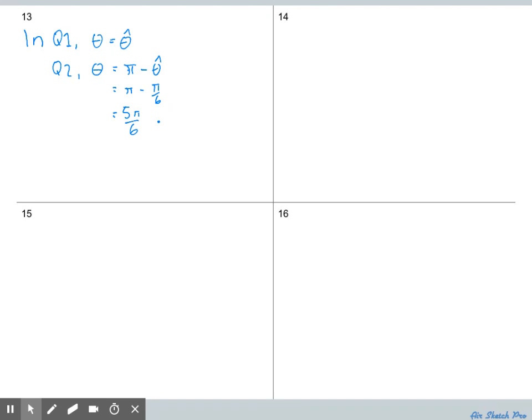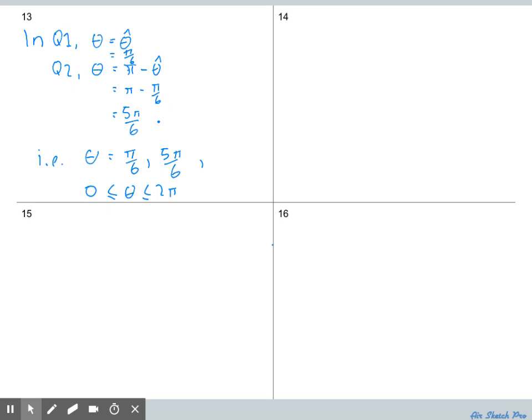Oh, sorry, I should have stuck that in there. And I wouldn't normally do this, but I'll just do it for your notes, i.e. theta is equal to pi on 6, as Izzy said, or 5 pi on 6. So 2 possible solutions. Now that's, to be very clear, for theta being between 0 and 2 pi.